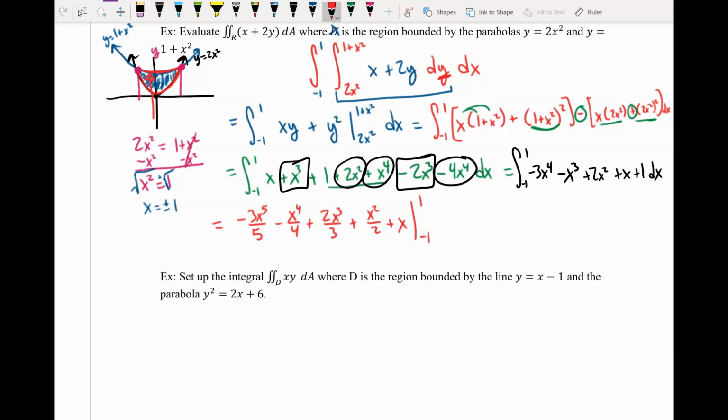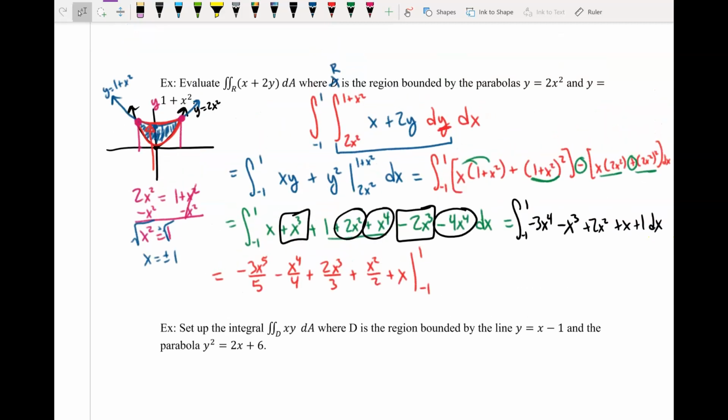Now, one of the things you can do is use symmetry, if you know how to work with that. If something is symmetrical, you can change the order of integration to go from 0 to 1. Things that are symmetrical about the origin, if they're an odd or even function, you can use that type of terminology.